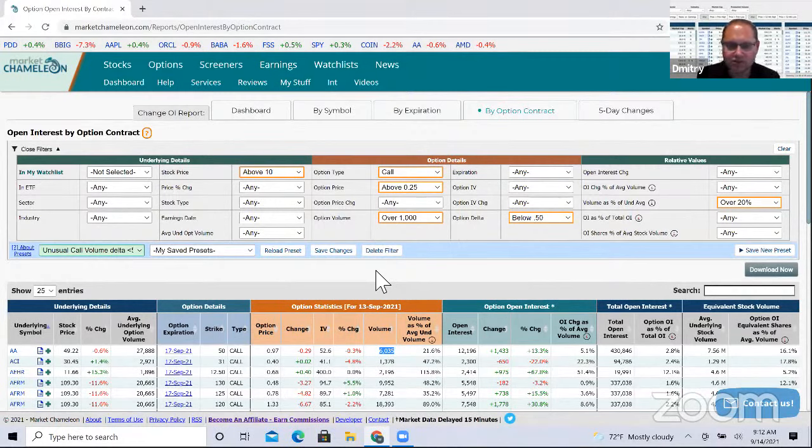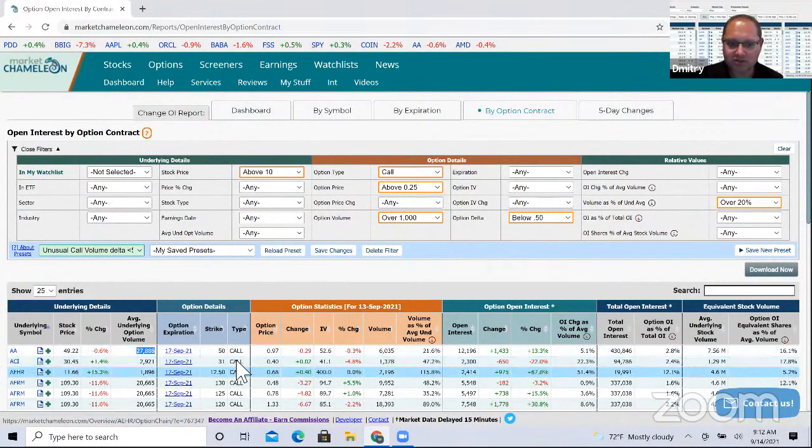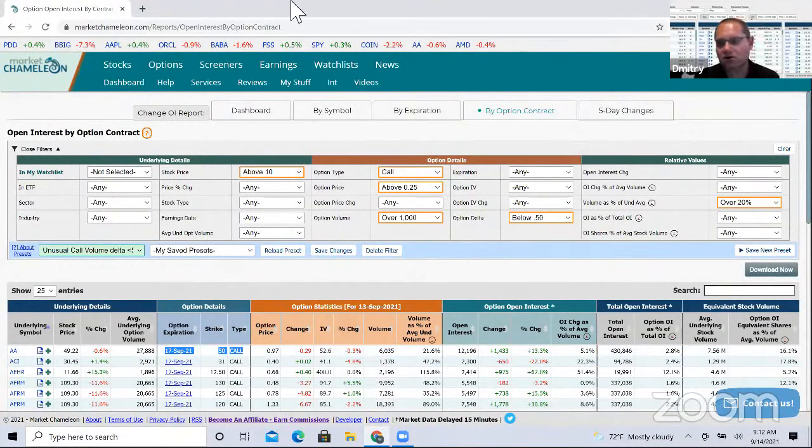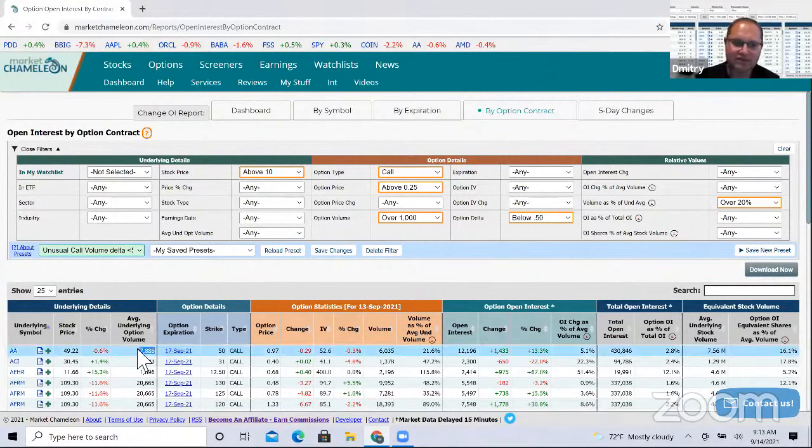So this comparison looks at the total average daily volume of all the contracts, right? Not just one specific contract. It accumulates all the volume in all the calls, all the puts, all the strikes, all the expirations, and says on average, the volume in AA is 27,088. So if this one contract trades 6,000 contracts, that's already 21% of the average daily volume.